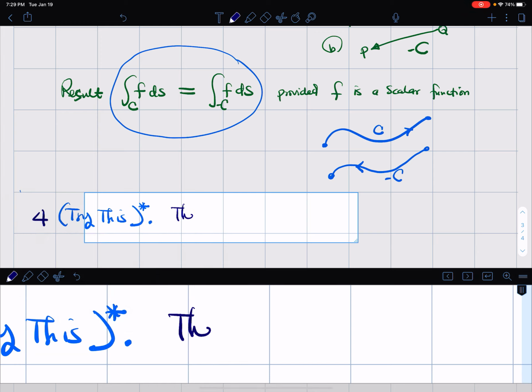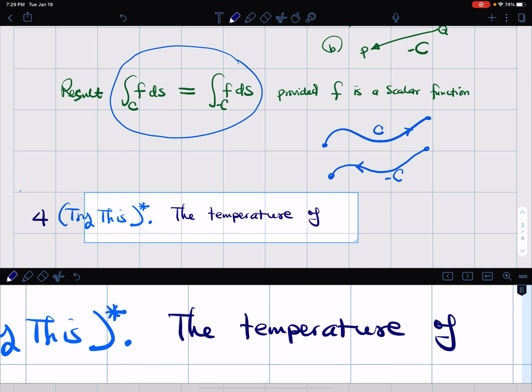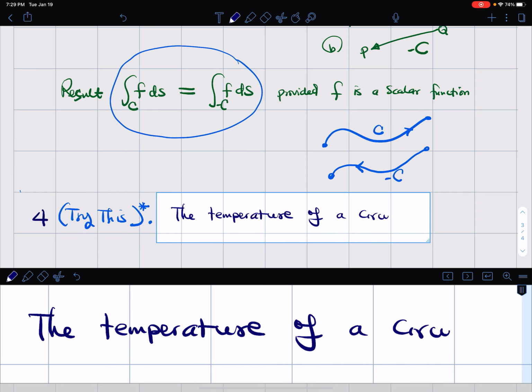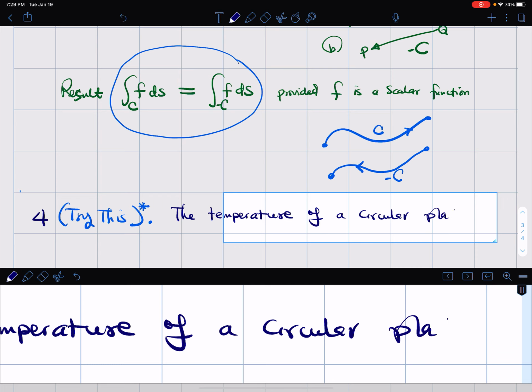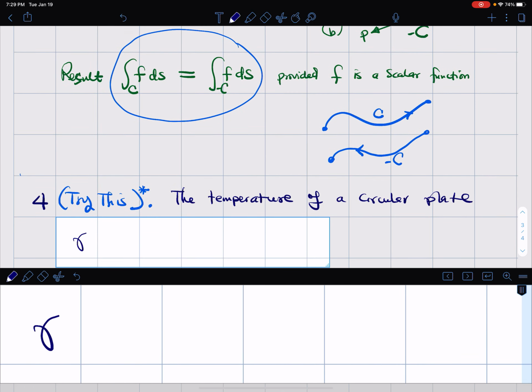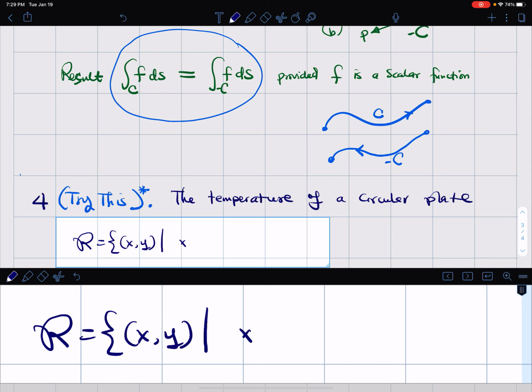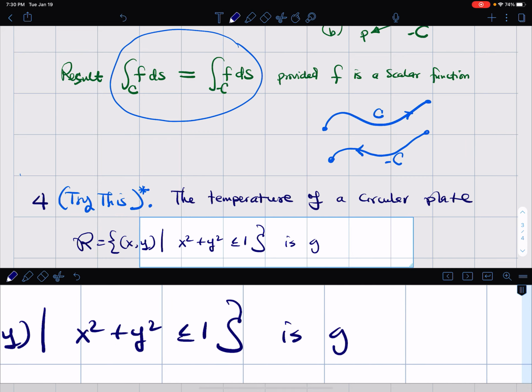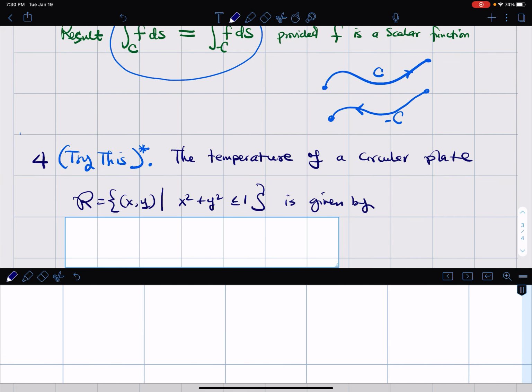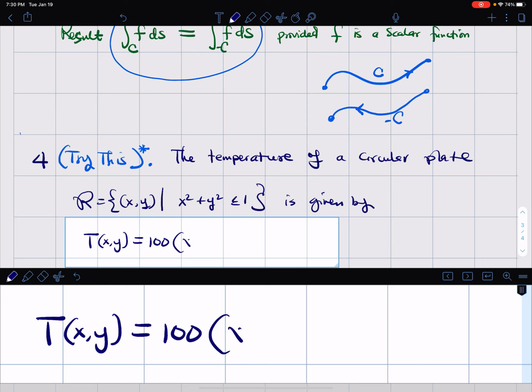All right. So this says the temperature of a circular plate R equals xy such that x squared plus y squared is less than or equal to 1 is given by T of xy equals 100 times x squared plus 2y squared.